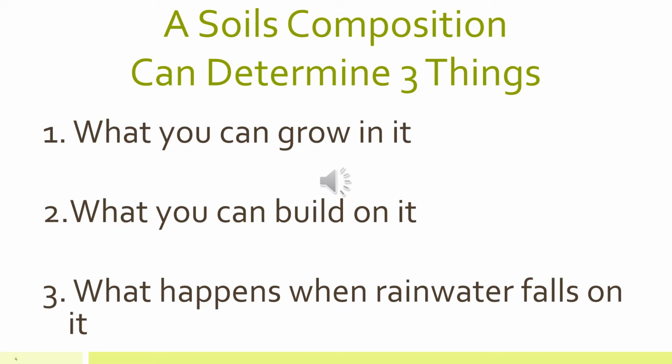So for example, if we were to compare desert and grassland, what you can grow in it. Well, obviously we know that in a desert we have a lot of sand. So are you going to grow a lot of grasses and large trees and shrubs? No, you'll probably grow things like date trees and cactus.